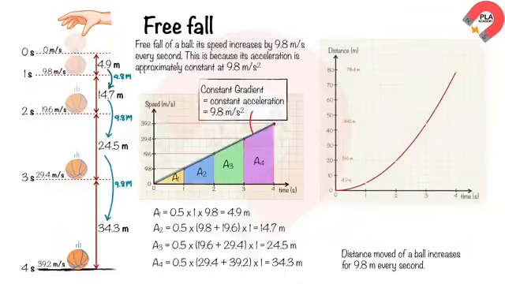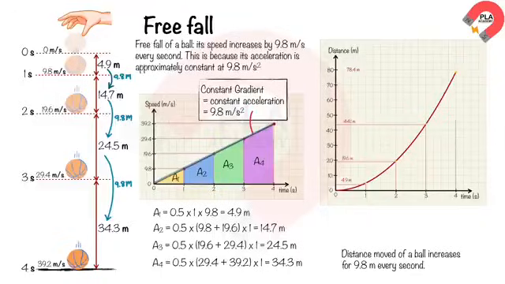The distance time graph of a free fall. We can plot the graph at 1 second, the distance 4.9 meters. At 2 seconds, the distance is 14.7 plus 4.9, which is equal to 19.6 meters. At 3 seconds, the distance is 19.6 plus 24.5, which is equal to 44.1 meters.